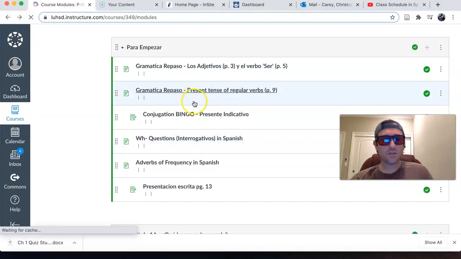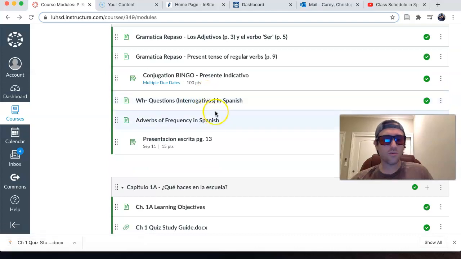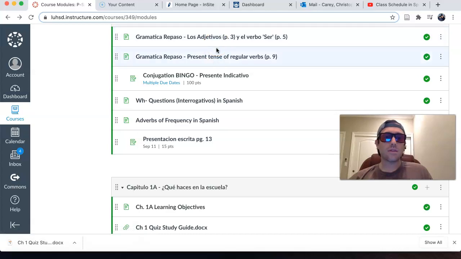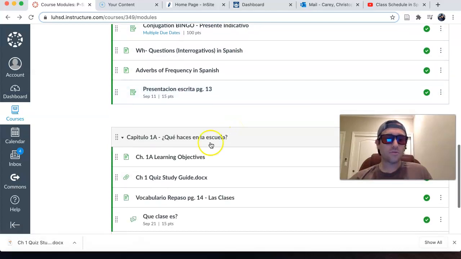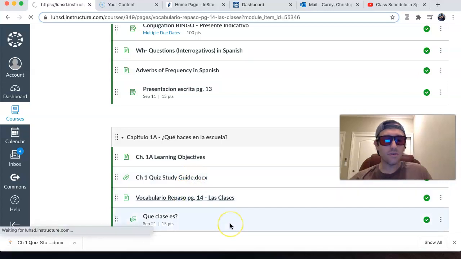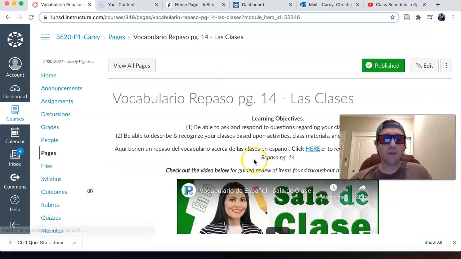And anything else that you feel would be of good use to go through, maybe your responses to the presentación escrita would be good, kind of jog your memory on how to go about adjective agreement and then the correct conjugations of verbs. And that study guide again can be found right here. Key vocabulary, it's on page 14. You have that there.